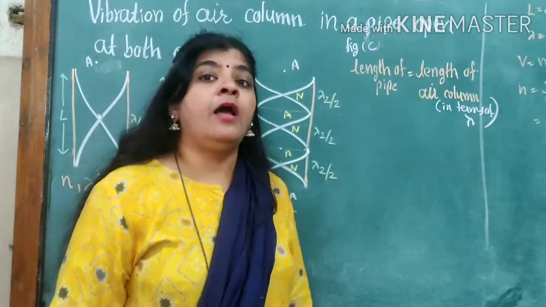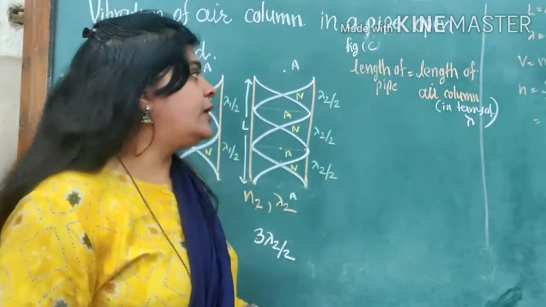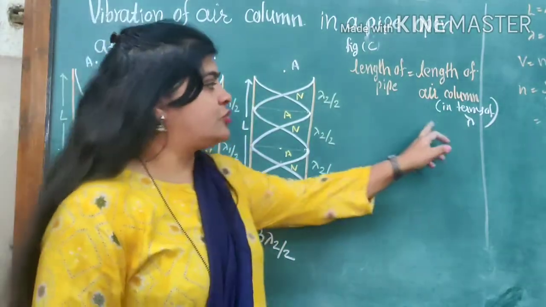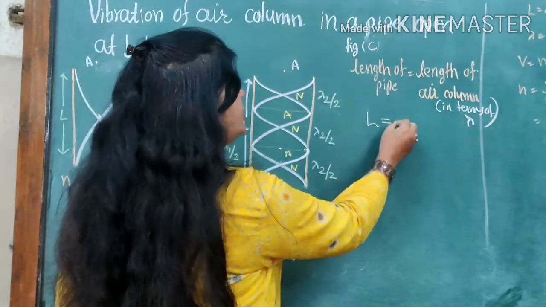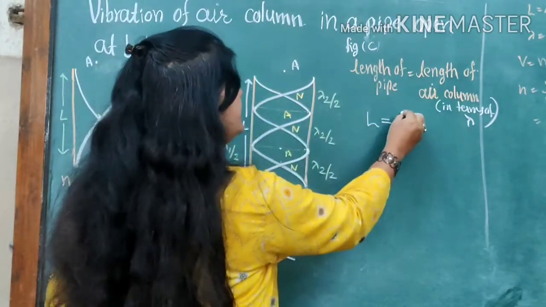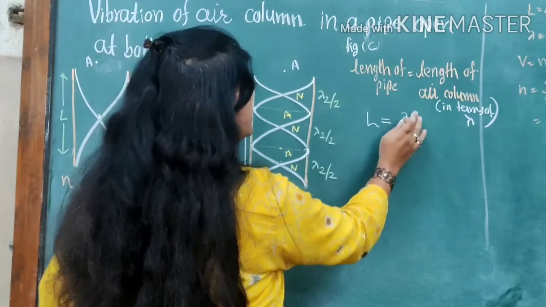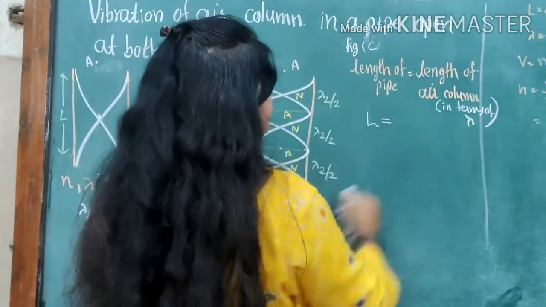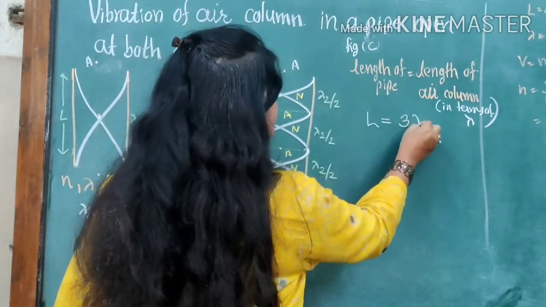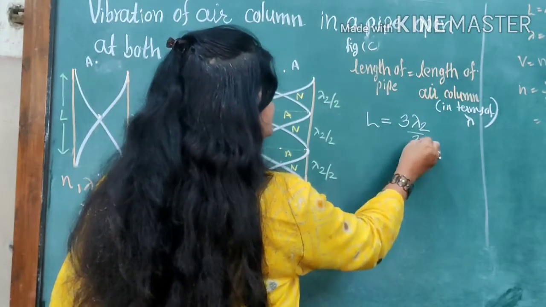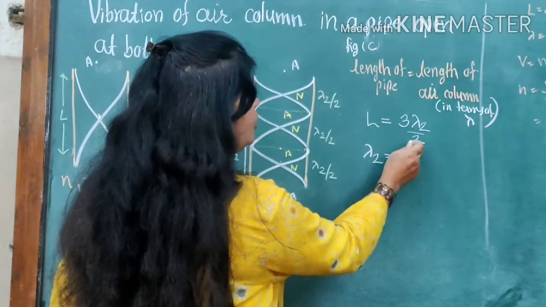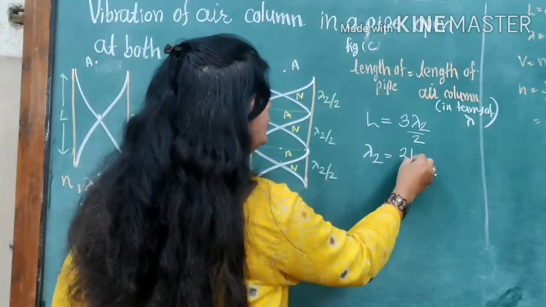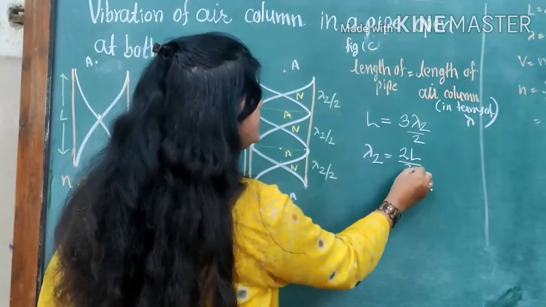You have to learn that the length of the pipe is equal to the length of the air column in terms of the wavelength. Then we write L is equal to the length of the air column, that is 3 lambda 2 by 2. Now we write the lambda 2 value by cross multiplication: 2L by 3.